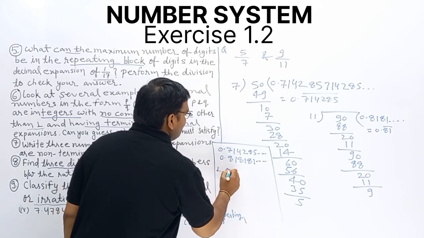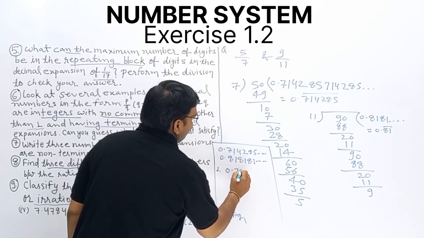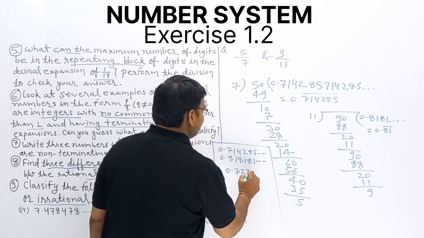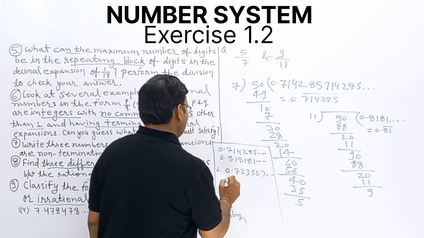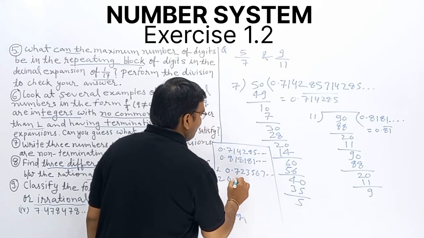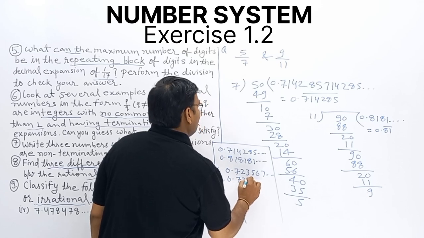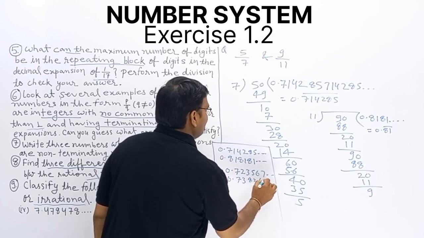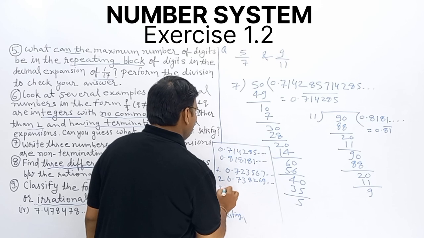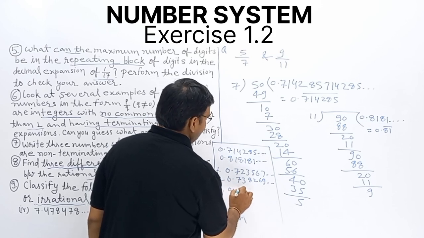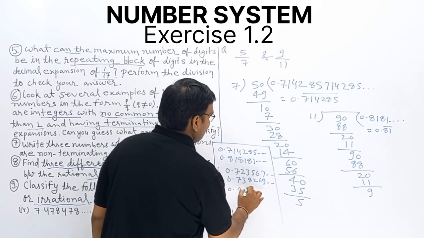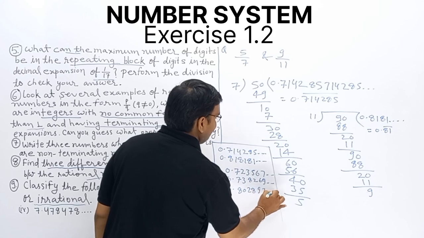First, 0.723567 and so on. Second, 0.738269 and so on. Third number, 0.802897 and so on.